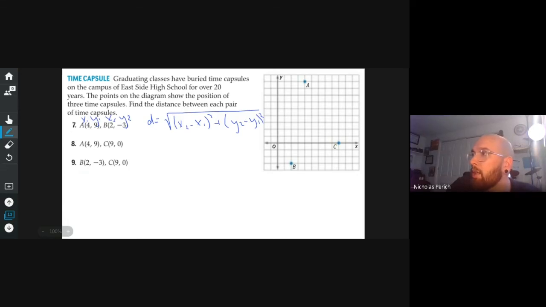That equals a big square root of x sub 2, which I labeled 2, minus x sub 1, which I labeled 4, squared, plus y sub 2, which I labeled negative 3, minus y sub 1, which I labeled 9, squared.